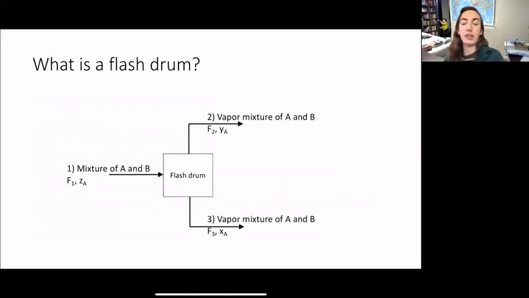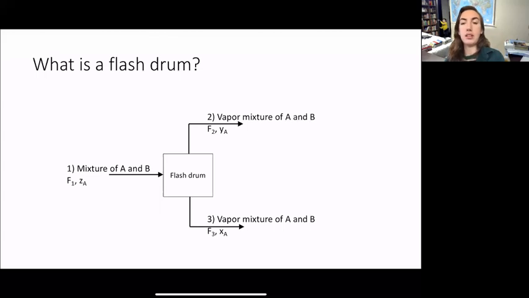I've called that stream 1 here, and it has some flow rate and a composition. Here I'm calling the feed composition Z. That's just sort of the convention. We don't want to call it either X or Y because, as you'll see, the other two streams we call X and Y, so we're just picking a third letter. But ZA is the mole fraction of stream 1 that is A.